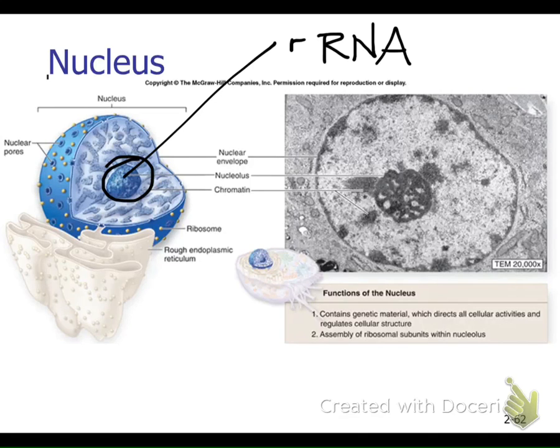Now, we don't know what ribosomal RNA is yet, but it sounds like it must have some important job in making what? Ribosomes. You're not wrong, right? So ribosomal RNA is a building block to making ribosomes. Ribosomes are necessary for making proteins.